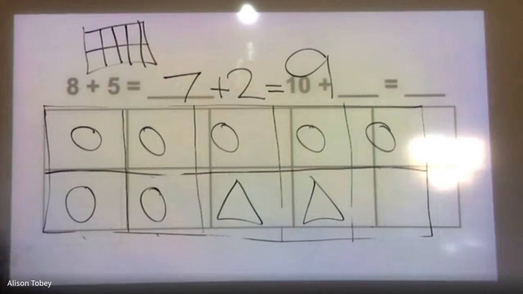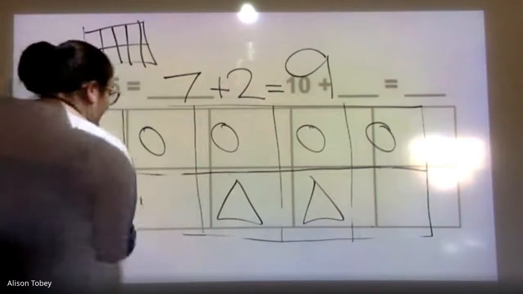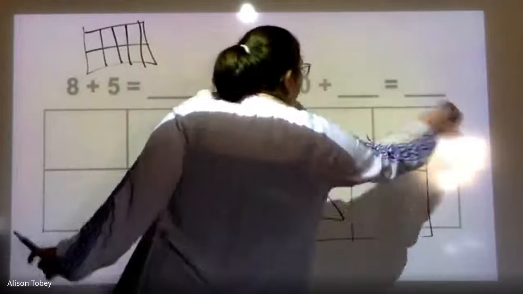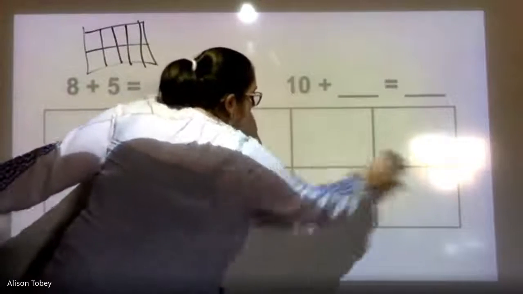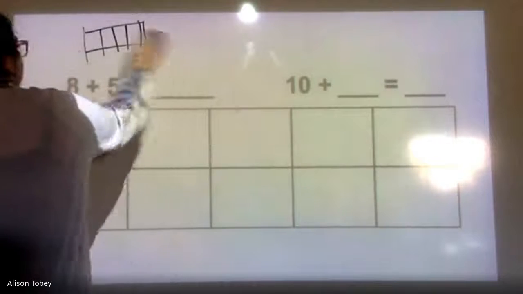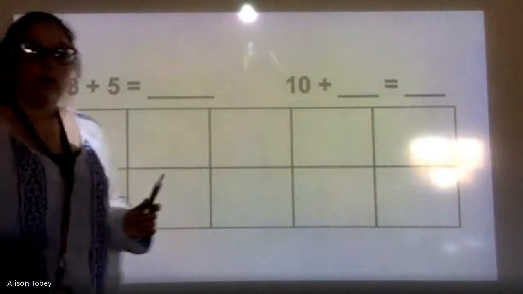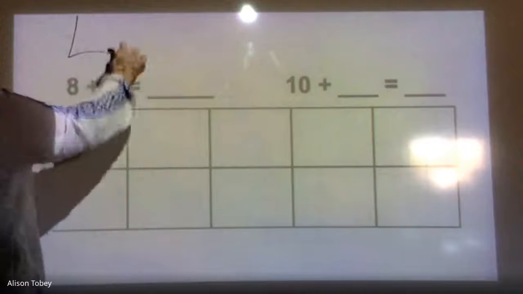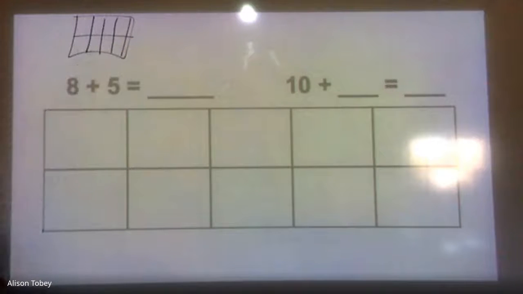Okay, if you want to keep your 10 frame, you can just erase the stuff in your 10 frame. All right, remember if you want to do your 10 frame, you do a rectangle and a line, and you go 1, 2, 3, 4.